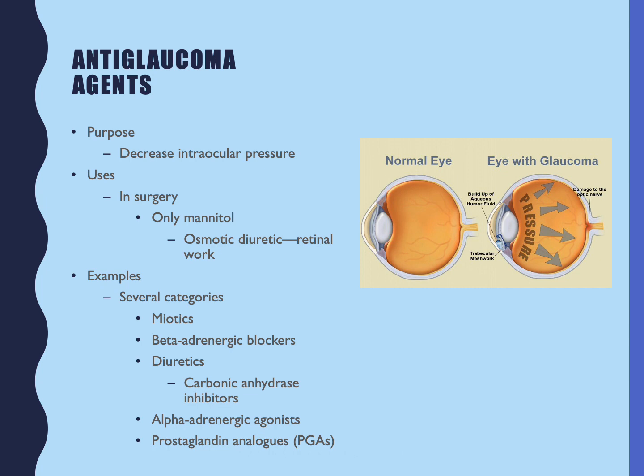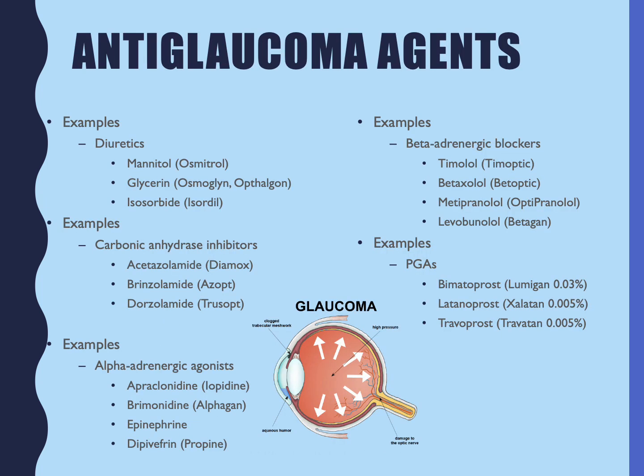So we're going to talk about each of these categories in a bit more detail. So anti-glaucoma agents are going to be administered orally or intravenously. Let's talk about osmotic diuretics first.